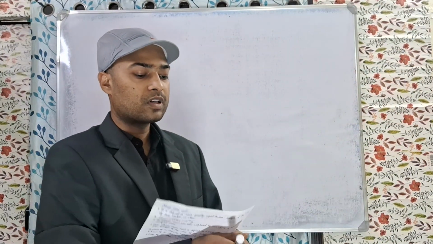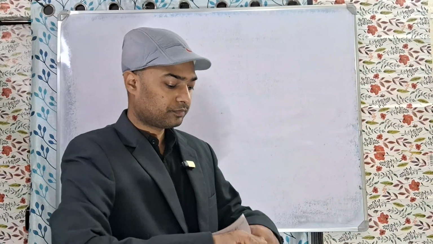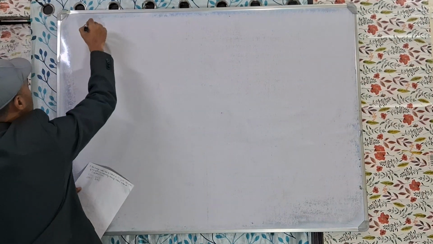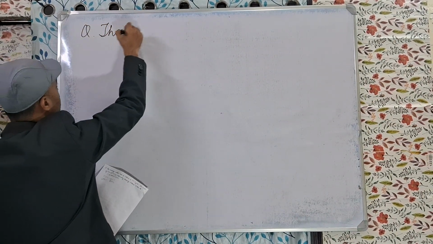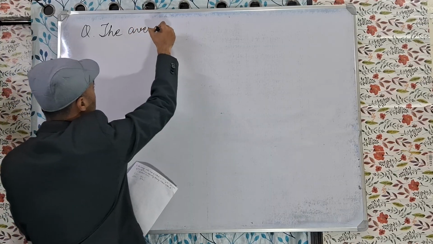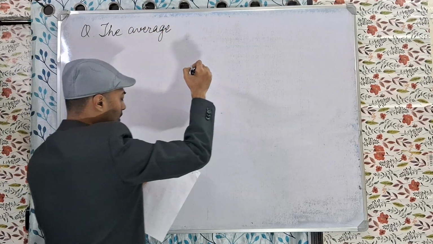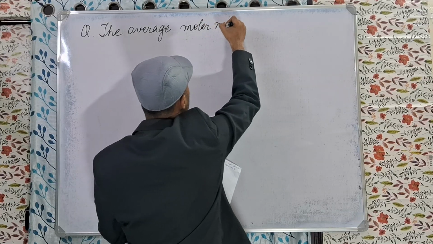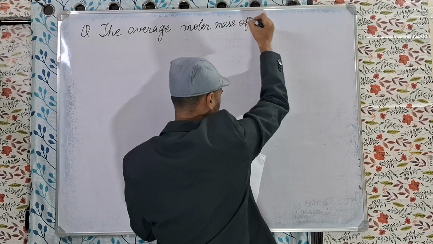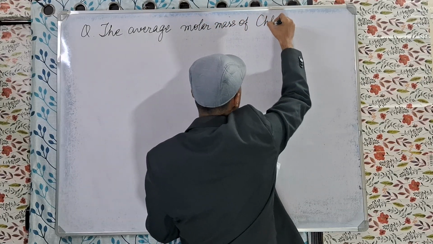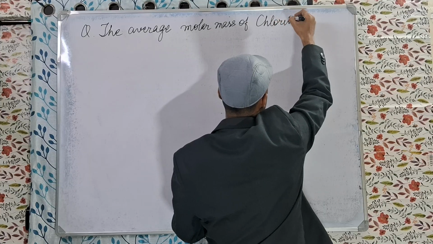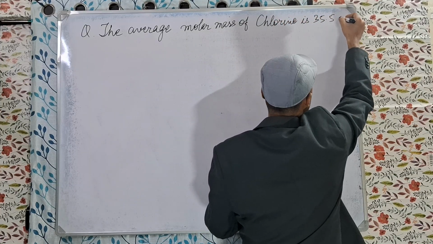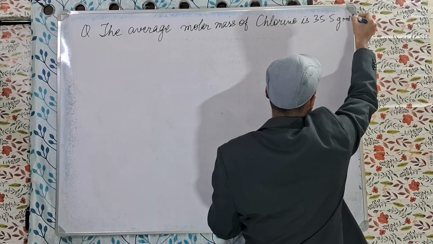So the another question is, the average molar mass of chlorine is 35.5 gram per mole.